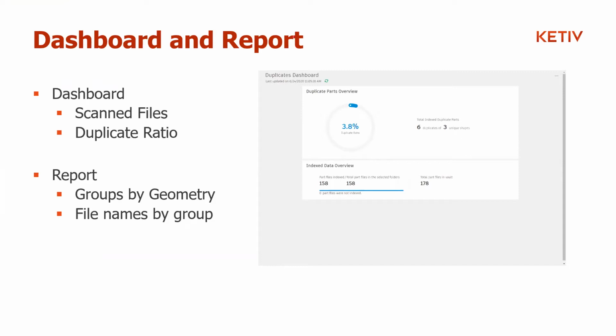So it'll tell you the amount of files that it scanned, and then it'll give you this duplicate ratio, essentially letting you know how many files have duplicate geometry compared to unique file geometry within your Vault. As you can see on my dashboard, 3.8% of my files are duplicated or have duplicate geometry. We'll see as we move forward how that increases or decreases when we change things.